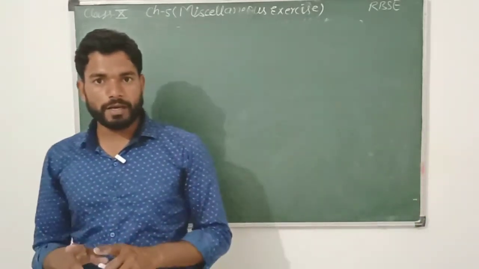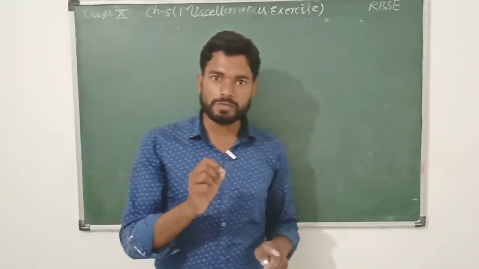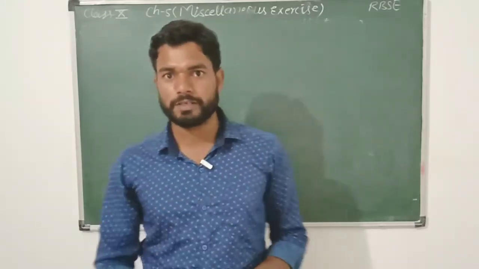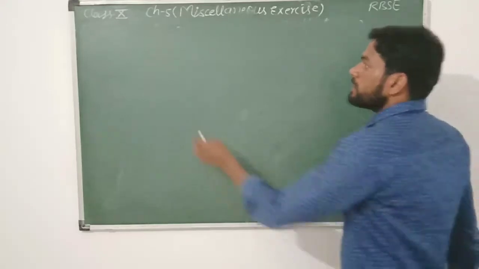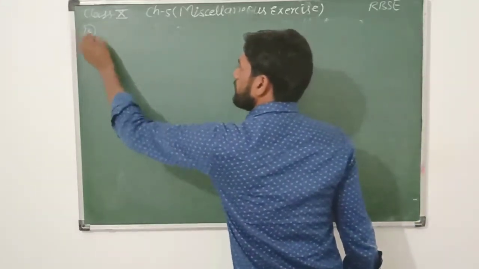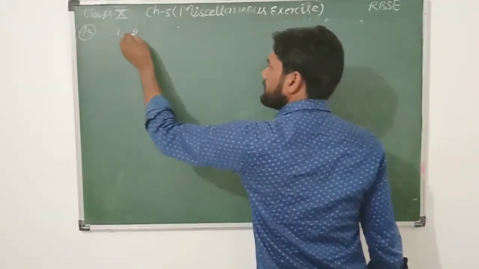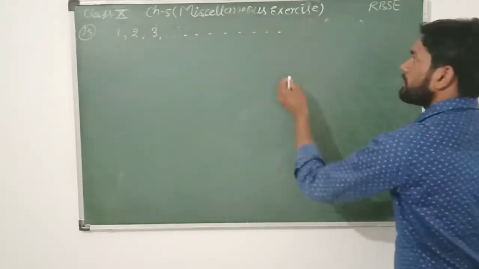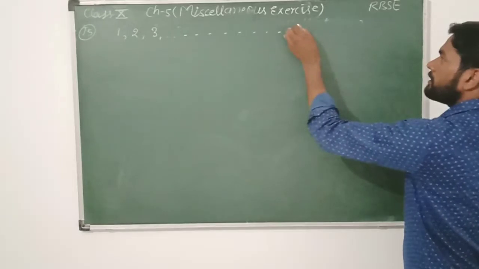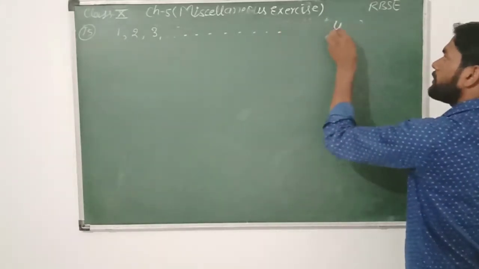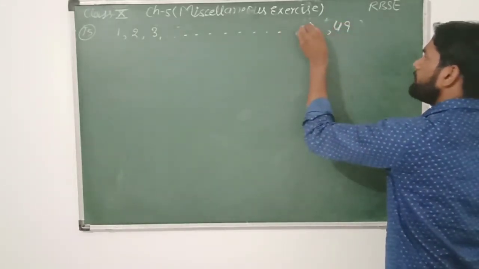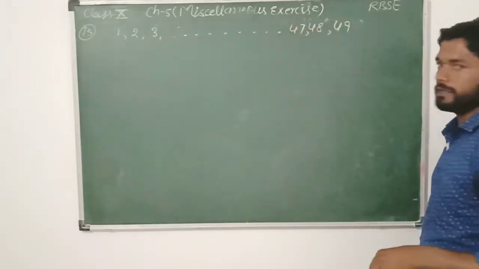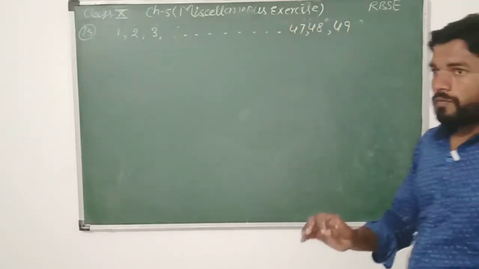And between 1 and 49, one house is there such that it is marked with X. Some houses are marked 1, 2, 3, and the last is 49, the previous of it 48, and preceding it 47, like this.